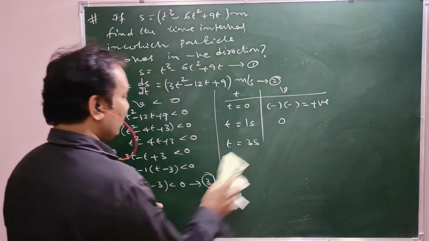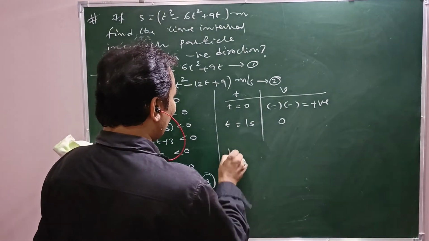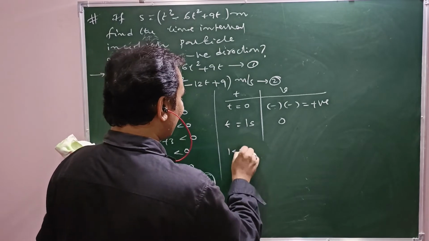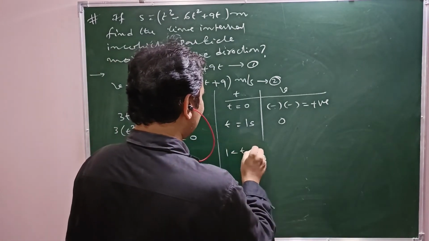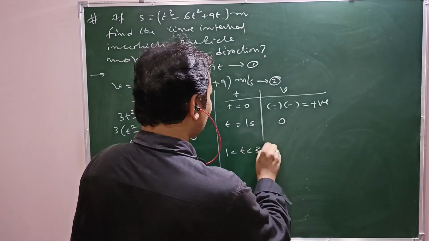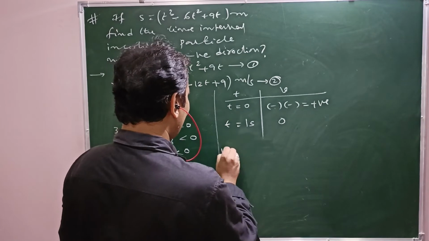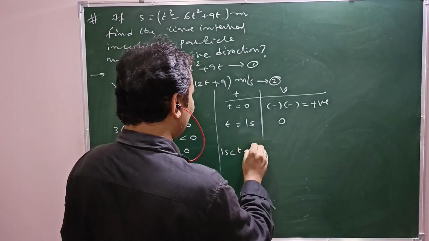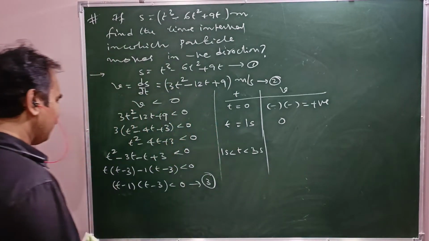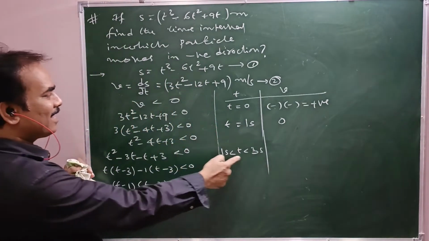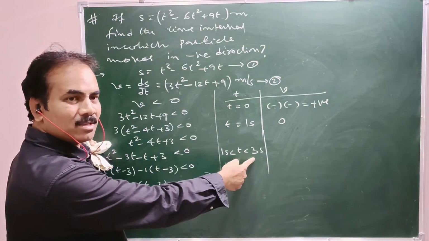Before that, I will check 1 second less than t less than 3 seconds, which means time is greater than 1 second and less than 3 seconds.